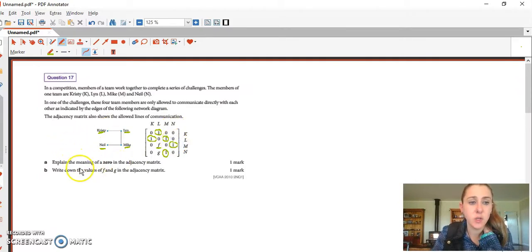Okay, so what do the zeros mean in the adjacency matrix? What do they actually show? It's almost a placeholder, I guess. It's the number of ways that Neil could talk to Christy, and of course we have to remember that he's not allowed to, by the drawing.